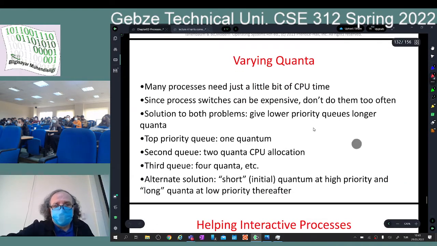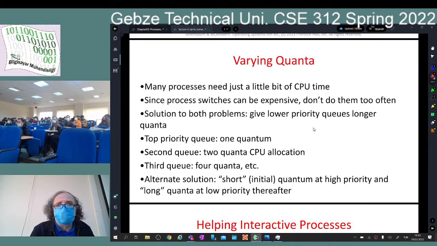Okay, so we talked about those, and varying quanta. We said that maybe along with the priorities, the quantum time is something important. I mean, we like longer quantum times, because that will lower my context switch penalty times, okay? Longer quantum times is good, I like it, but longer quantum times are bad for the interactivity.